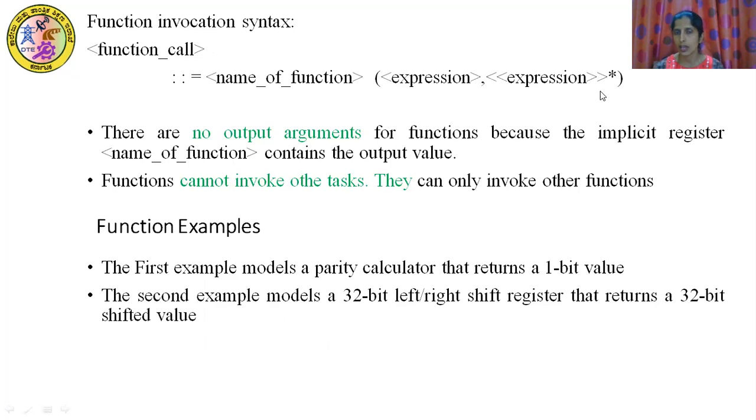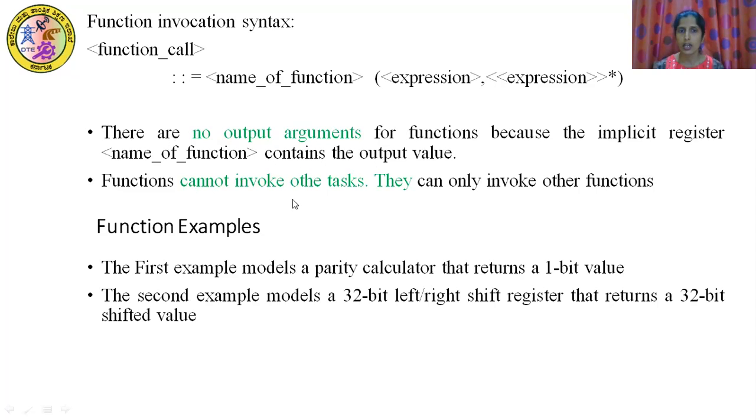For functions, the implicit register name of the function means once we declare the name of the function, that will be implicitly declared as a register which will contain the output value of the function.